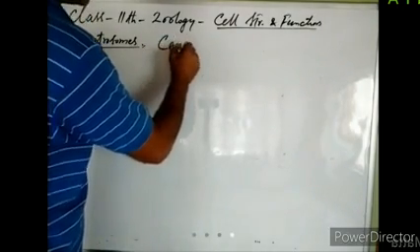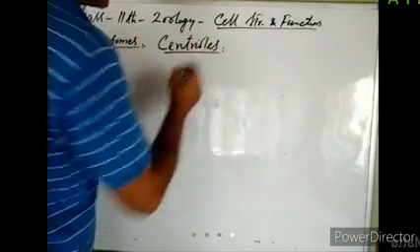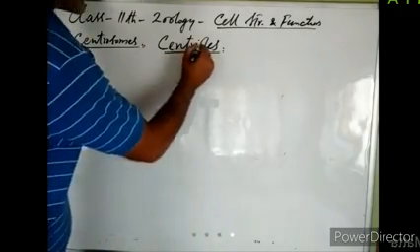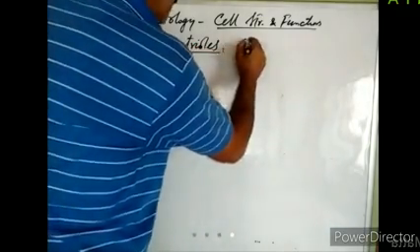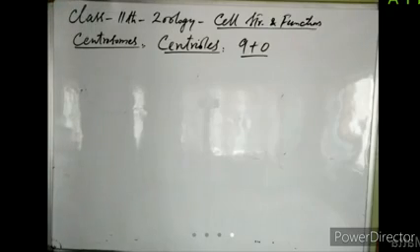Centrioles are mainly formed of microtubules, and they have a microtubular arrangement of 9 plus 0.